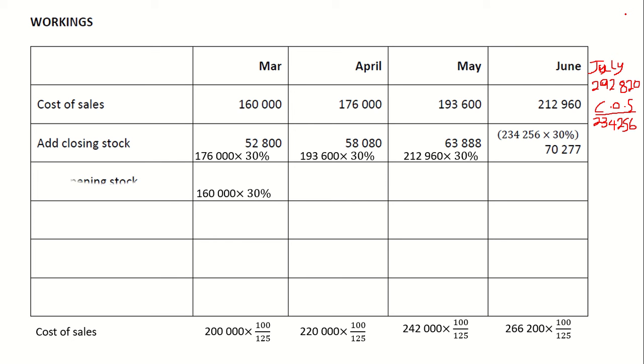Last year's closing stock was this year's cost of sales multiplied by 30%, which last month's closing stock will be this month's closing stock, will be this month's cost of sales multiplied by 30%, and that will give you 48,000. Note that for April, opening stock will be this 5,800.